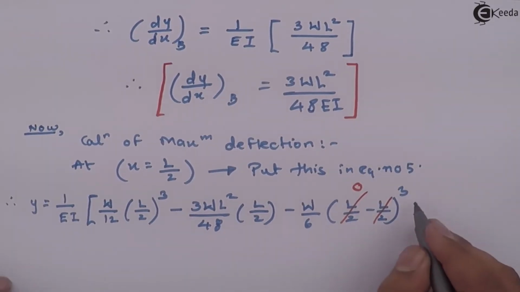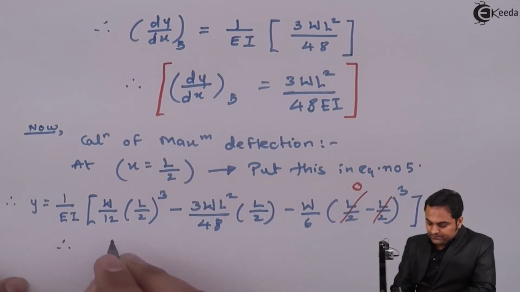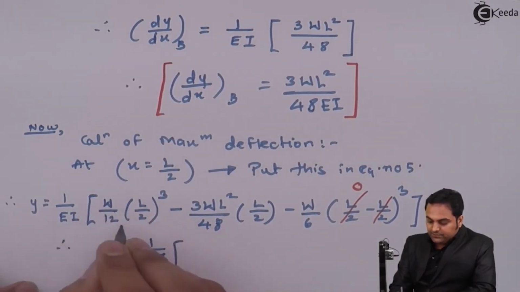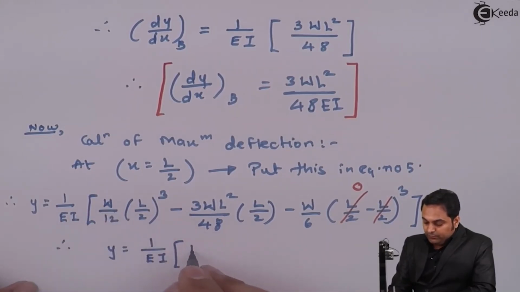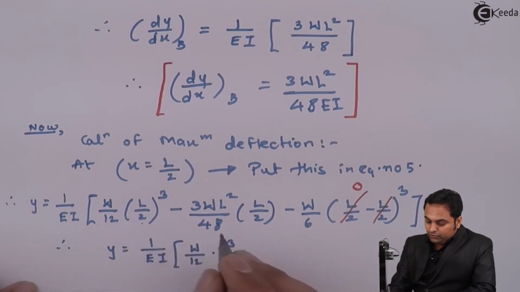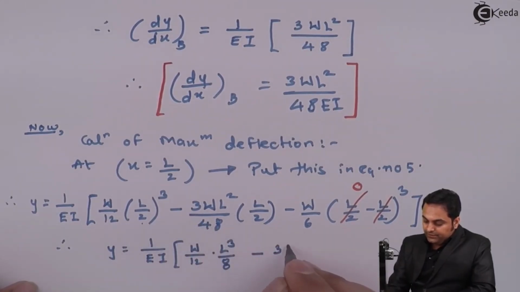Here when I am simplifying this, y is equal to 1 upon EI, this bracket, here we have w by 12 into L cube upon 2 cube is 8, minus 3wL cube, L square into L, that is L cube, upon 48 into 2, that becomes 96.